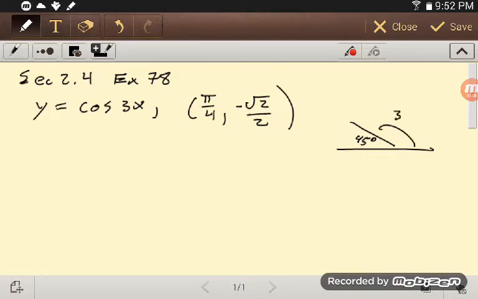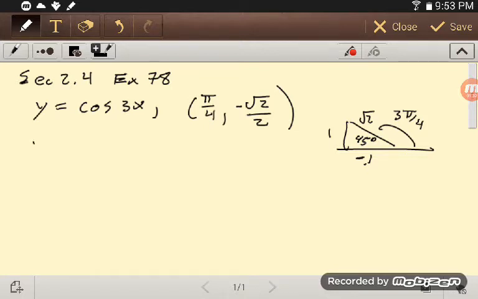I know that triangle is a 1, 1, square root of 2 triangle, but that's a negative, so cosine is negative 1 over the square root of 2. If I multiply top and bottom by square root of 2, I get minus square root of 2 over 2. So yep, that looks good.